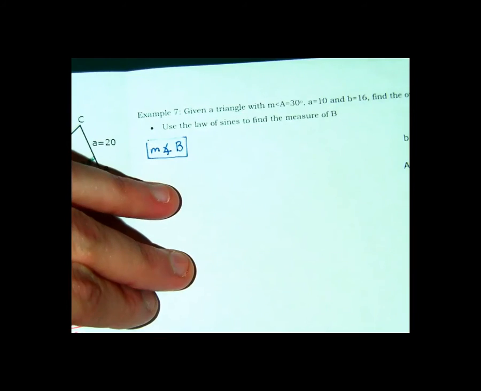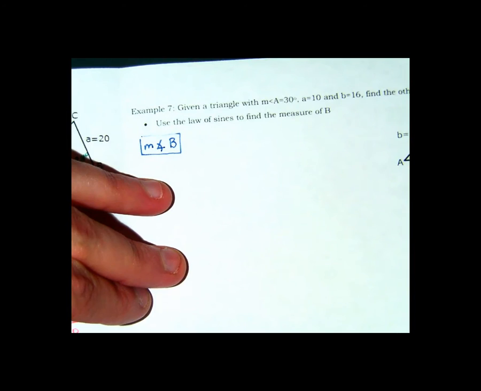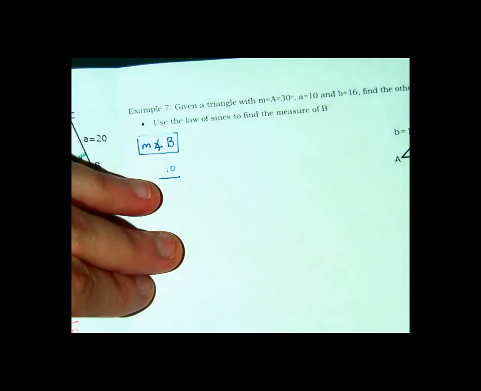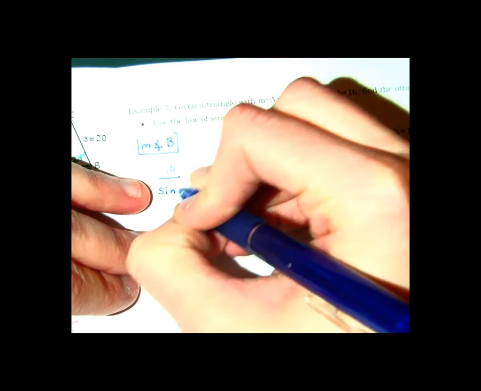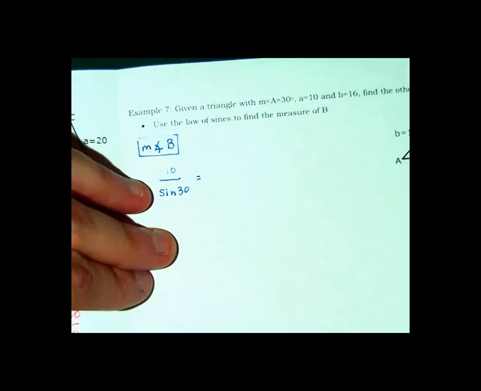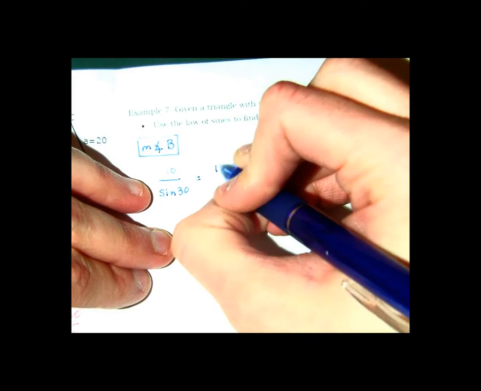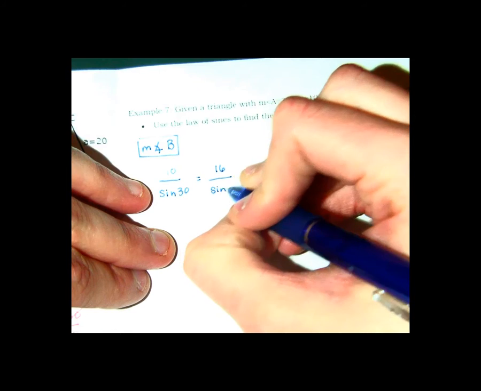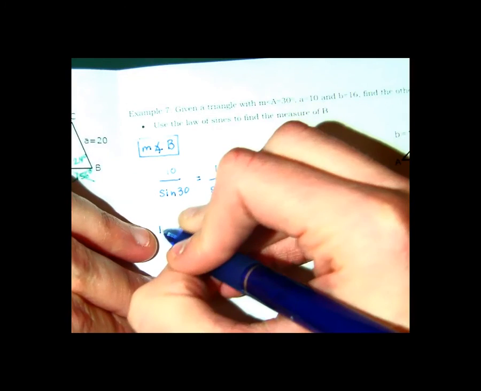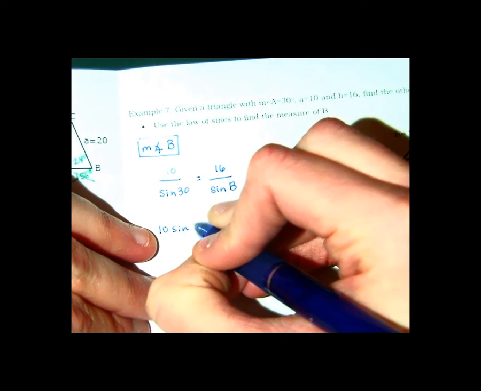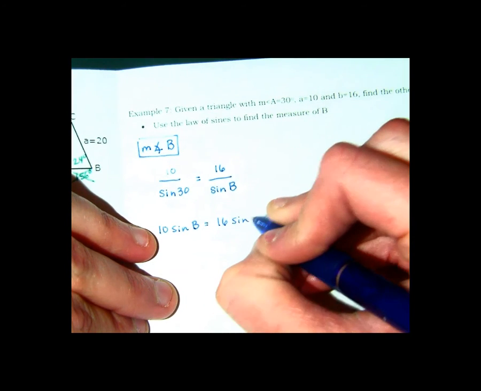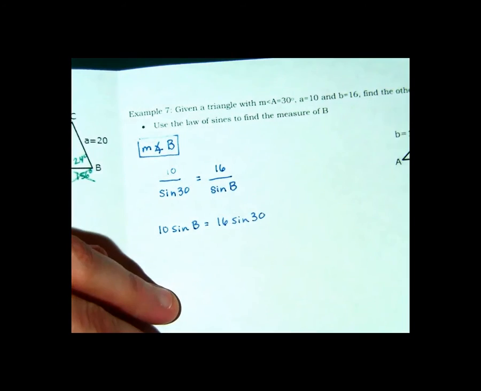Alright, the measure of angle B. What are we going to set up again? The A is 10 over sine of 30, they haven't changed that yet, equals 16, haven't changed that either, over sine of B. It's not different. Cross multiply. 10 sine of B equals 16 sine of 30. What are we going to divide by?